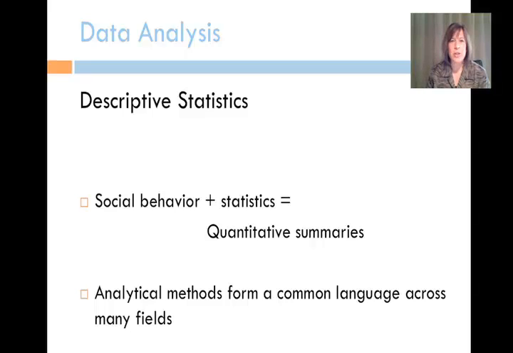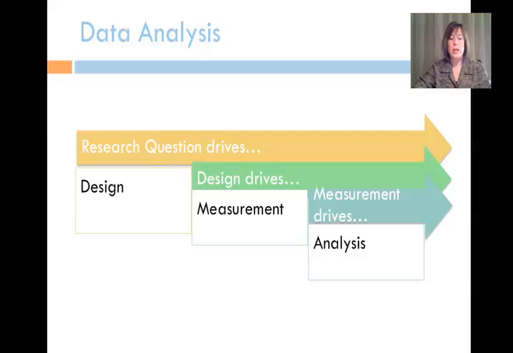Statistics in general is just a collection of methods for planning experiments, obtaining data, and then analyzing, interpreting, and drawing conclusions based on the data. Things that we use descriptive statistics for, well, we use them to talk about our sample. We use them to talk about our results.